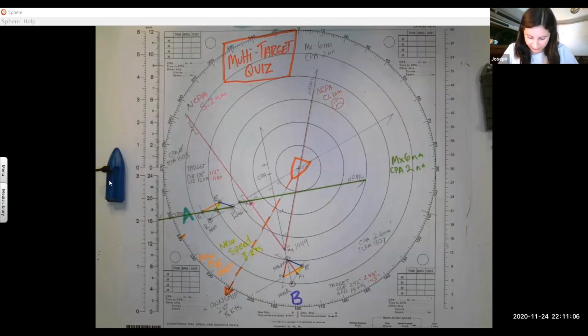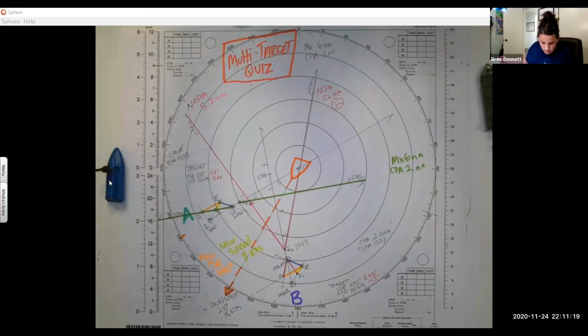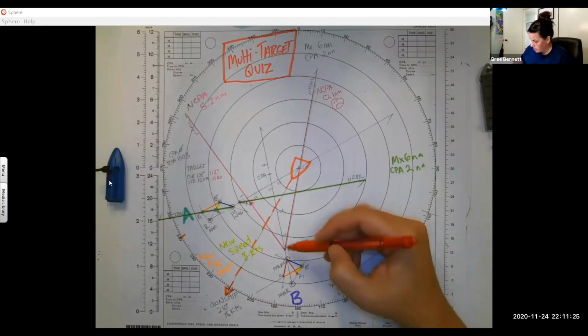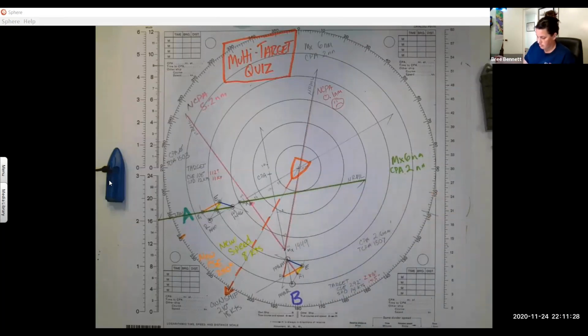I got A, and then the new course would be 240, and then the CPA for B would be 1504. Like time-wise? Oh, the CPA for B. Yes. So all of those are correct? Yes. Okay.